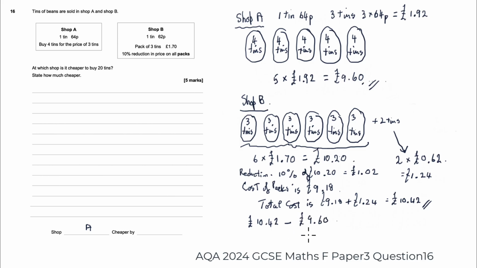Well, that's done on your calculator and you'll get 82 pence. So by going into shop A, you'll be saving 82 pence, even though shop B appears to be cheaper for each tin. With all the bargains that are going on, you'd be best going to shop A. You'll be saving 82 pence.